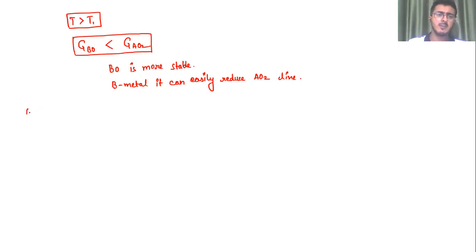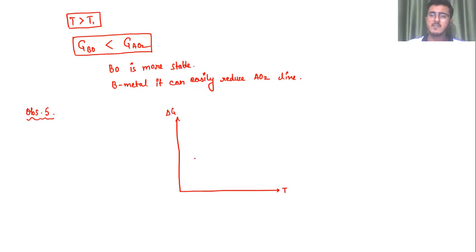All right, so coming to our fifth and last observation. Now you must have seen in your Ellingham diagram, this is your delta G and this is your temperature.